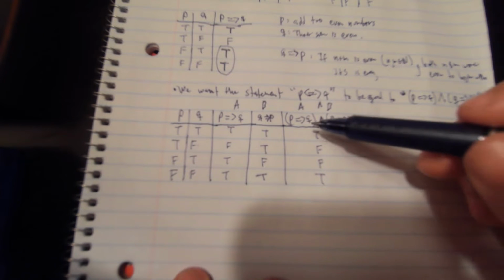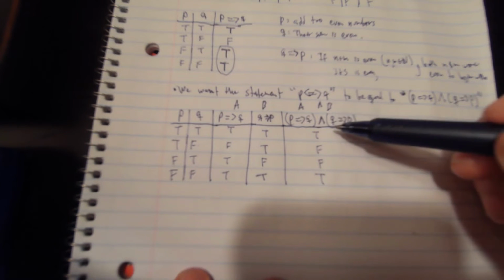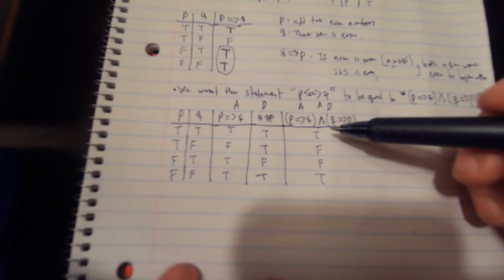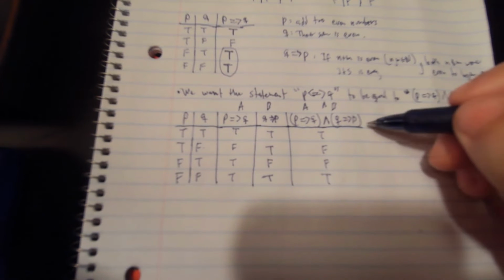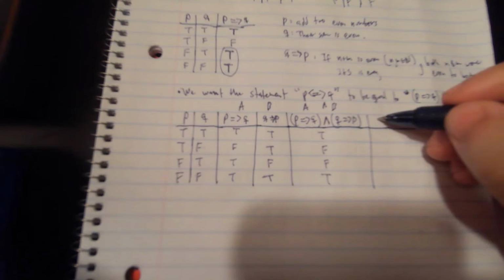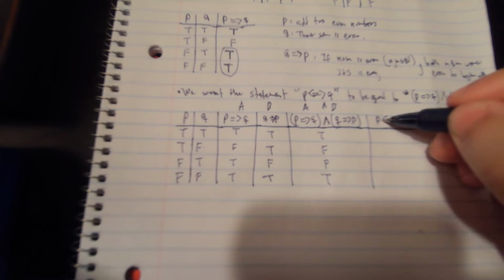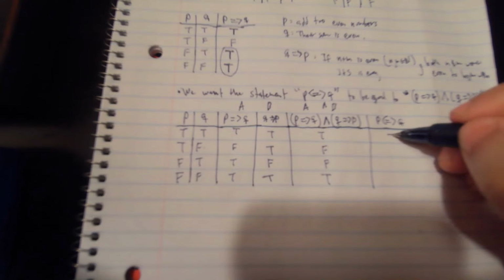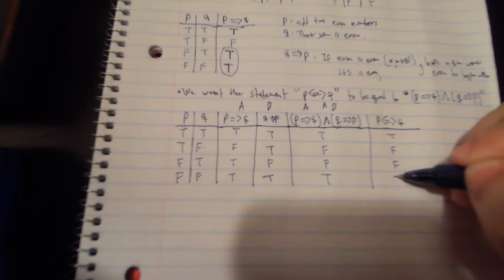So this is what the statement P and Q and Q and P looks like. What does this mean? We want this to be the same thing as P if and only if Q: true, false, false, true.